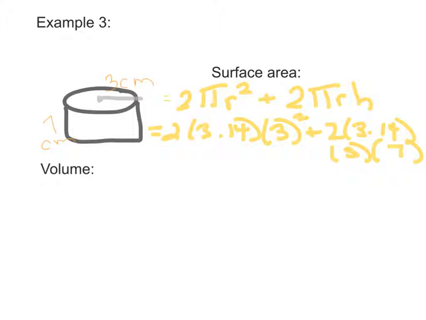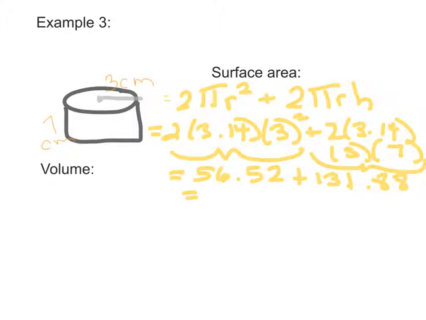I'm going to calculate the two areas individually. So that means I'm going to take this side and calculate that surface area to be 56.52. Plus this side, remember this is the rectangular side, it's 131.88.